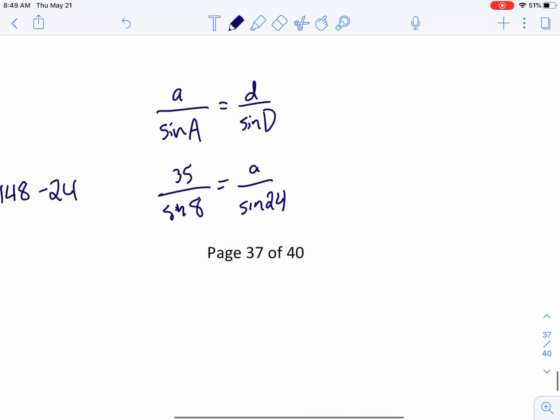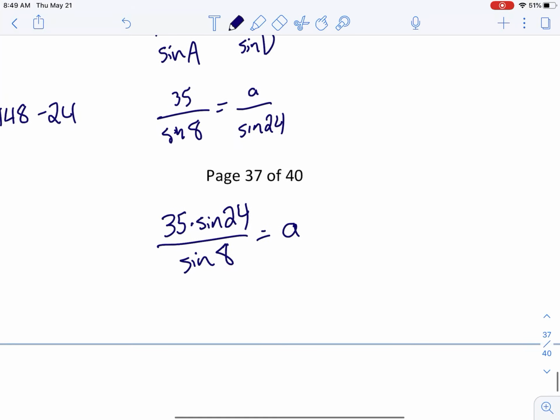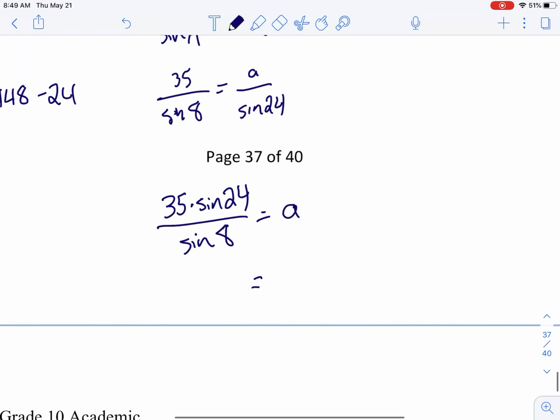Multiplying both sides by sine 24, we get 35 times sine of 24 degrees divided by sine of 8 degrees is equal to a. Throw that into our calculator, and we get 102.29 meters.